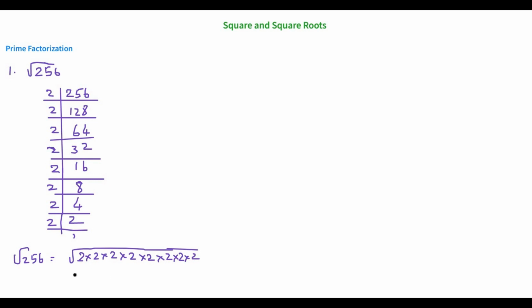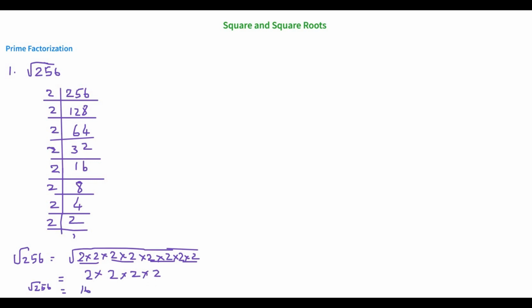For every pair of 2's, we take one 2 outside, and for the next pair, another 2 outside, and so on. Like that I've taken out 4 2's, because 2 pairs... So the square root of 256 equals 2 times 2 times 2 times 2, which is 16.